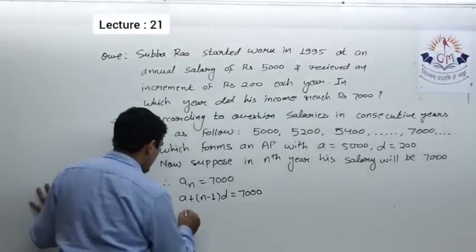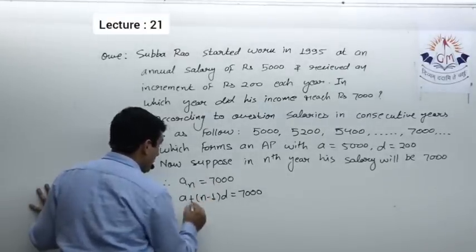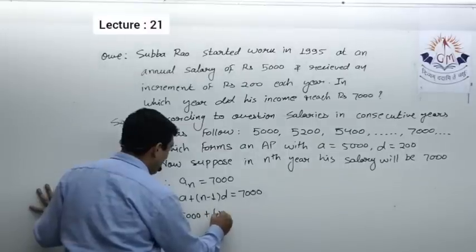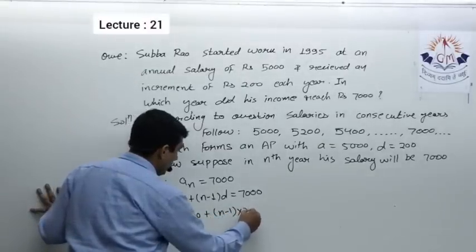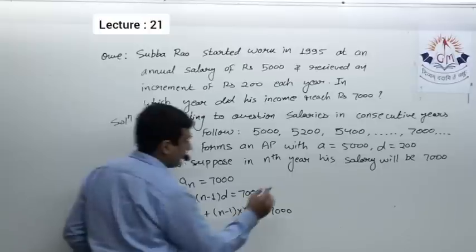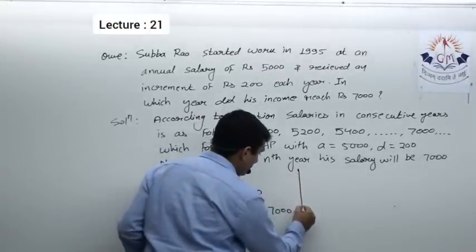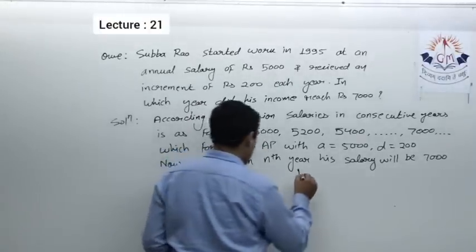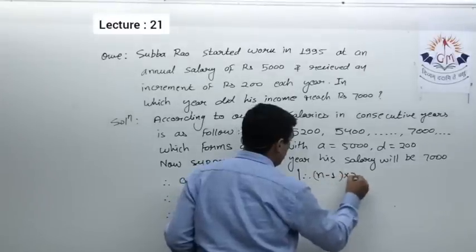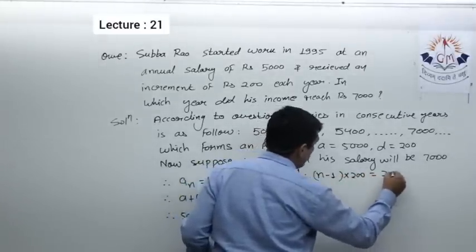So a is 5,000 plus (n minus 1) into 200 is equal to 7,000. Now if I solve it further, therefore (n minus 1) into 200 is equal to 2,000.